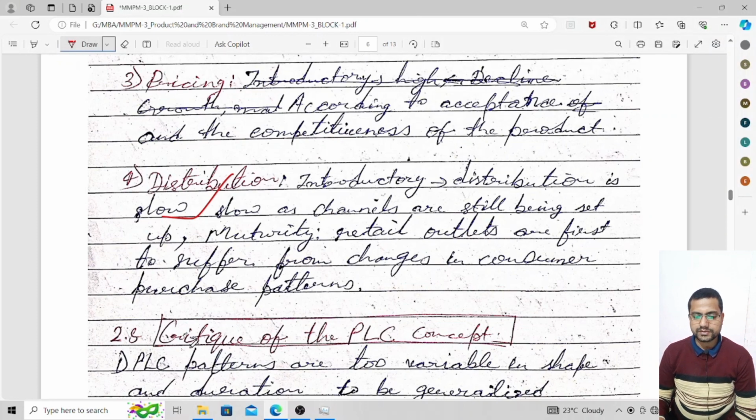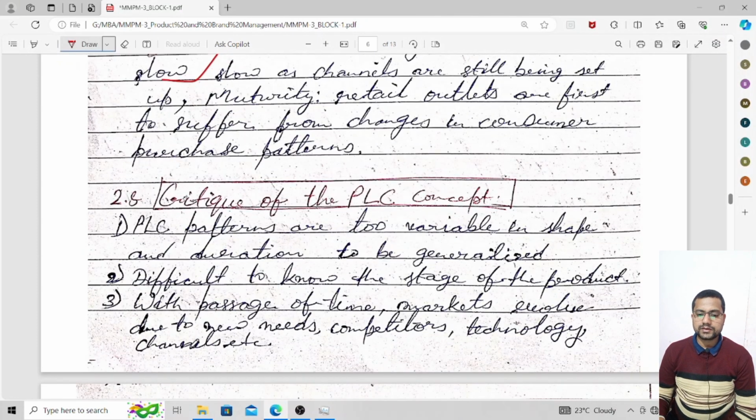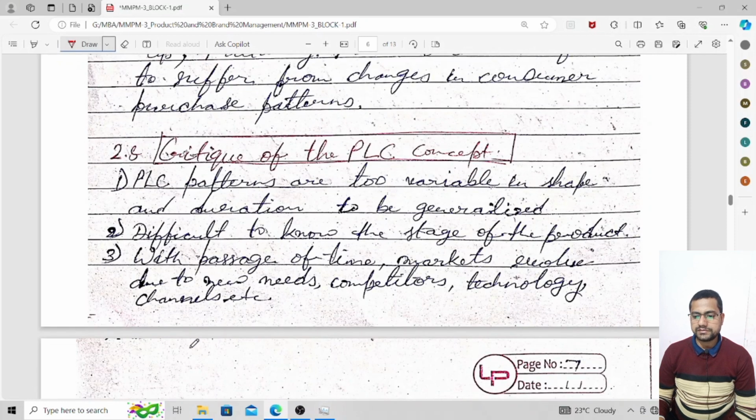Then you have critique of the product life cycle concept. Critique means product criticism.